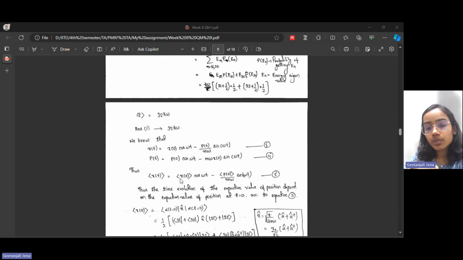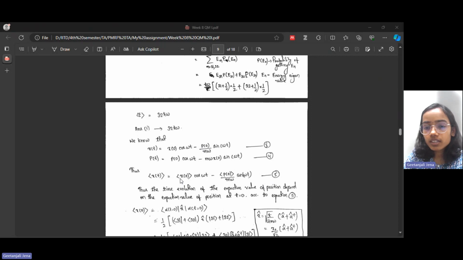So you see that the expectation of the time evolution of x(t) depends on the expression of x.